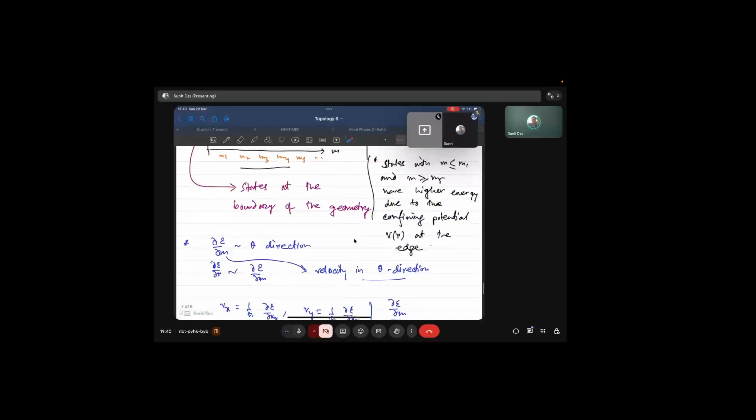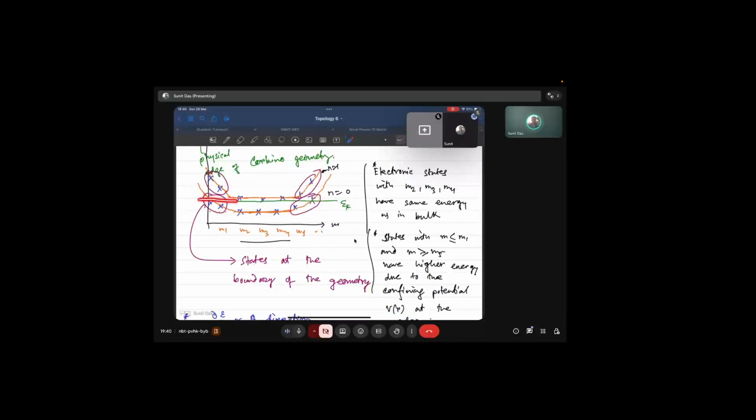And remember that my Fermi level is somewhere here. So the Fermi level is still in the bulk band gap, right? So this is the band gap between the two Landau levels. If you forget about the edge physics, within this area you have perfectly flat Landau levels, and your Fermi energy lies somewhere here, right? So you have a gap in between.